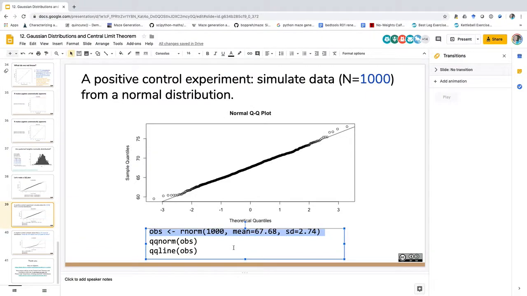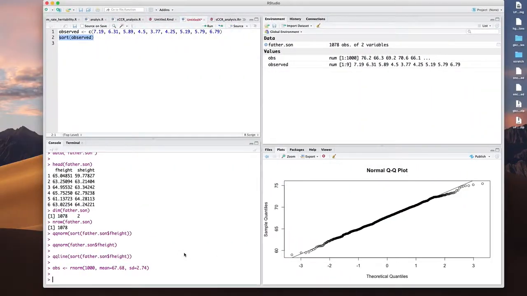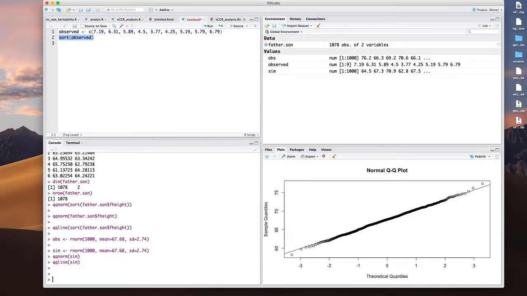Okay, so we've got our observed data. Let's just call that simulated data. And so there is the QQ plot of our simulated data from a mean and standard deviation defining a normal distribution against the theoretical quantiles.